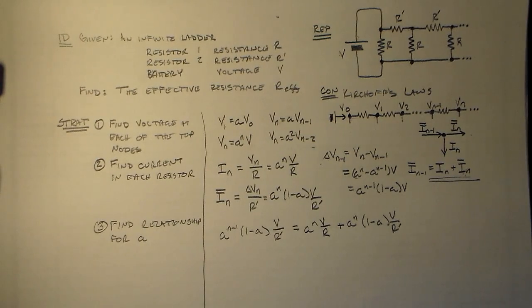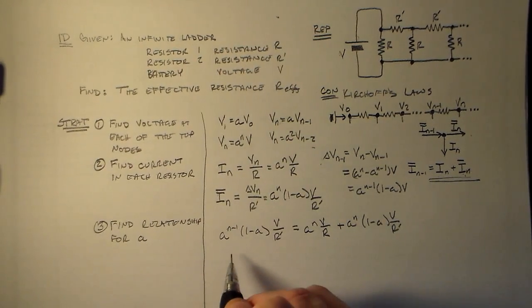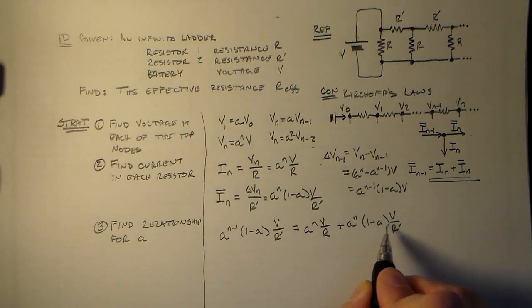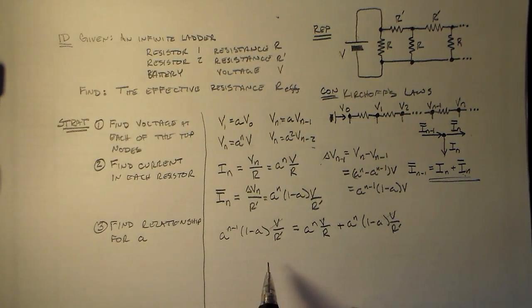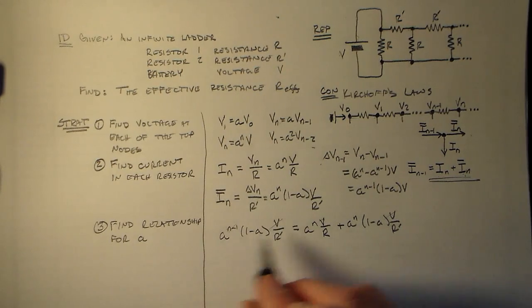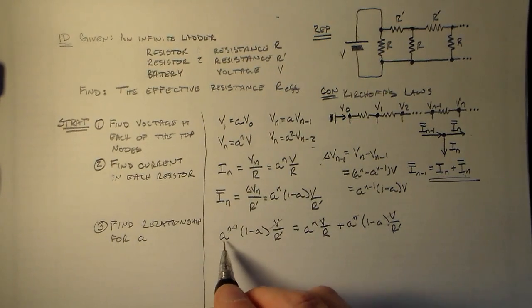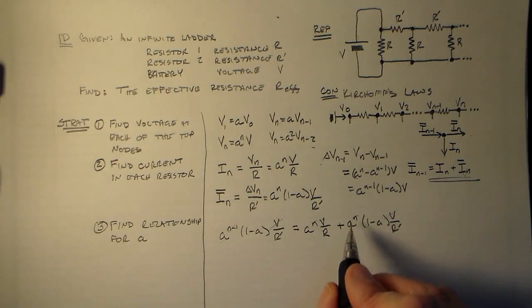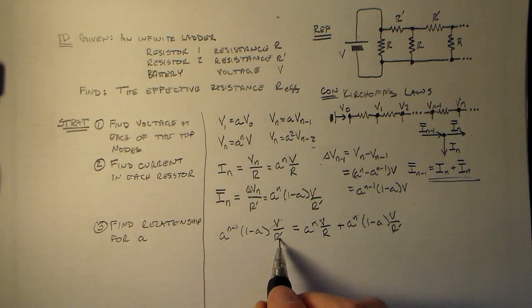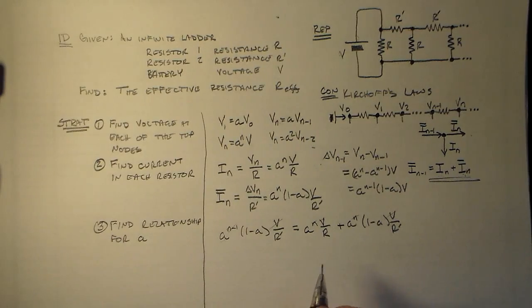So having that, we can put everything together and end up with an equation. We can get rid of the V's; those cancel. We get rid of all but one of those A to the N's, A to the N minus 1 here, and so we end up with an A here and an A there. Then we have to cross multiply these R's.